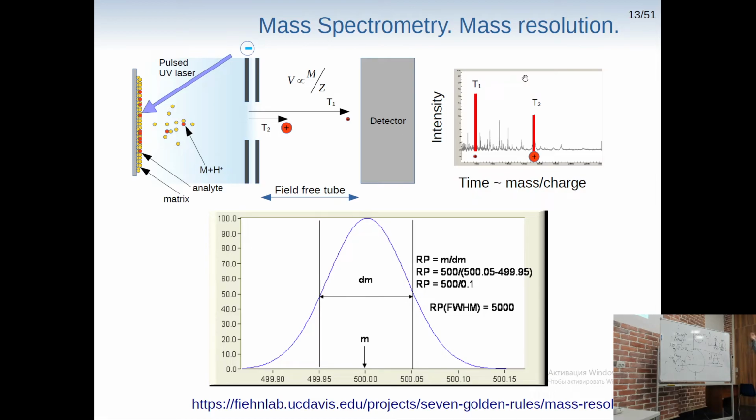So you probably came across this idea of full width at half maximum in some different courses as well, right? So the idea is that if we get some resolution from our mass spectrometer, it can be modeled as this Gaussian distribution.